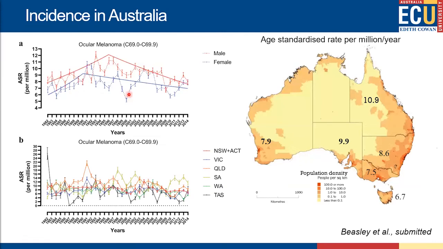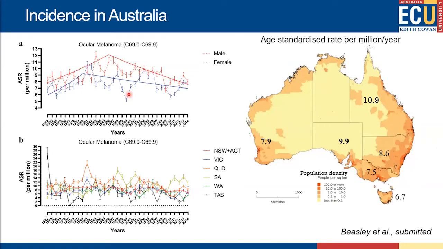In particular, in Australia, the incidence of uveal melanoma, as evident by the result of a recent analysis that we carried out, is elevated in males with 9.1 per million cases compared to females at 7.7 per million cases, and the age standardized rate remains relatively similar over the years.